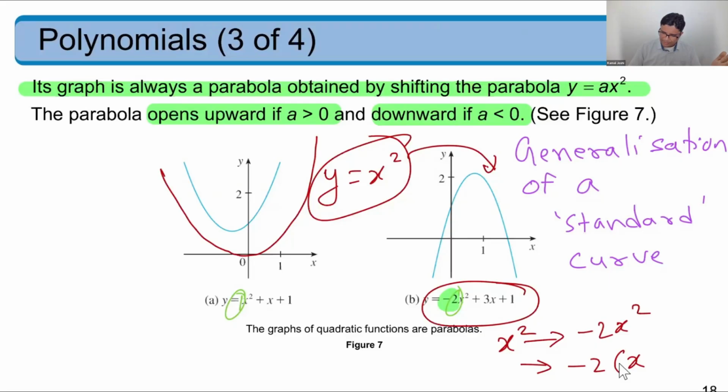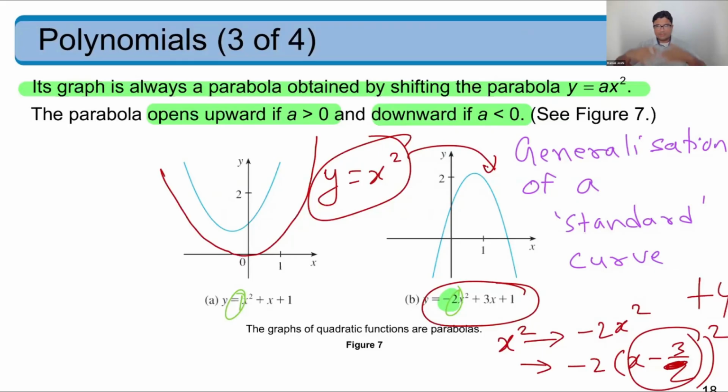Maybe you might make it x minus 3 over 2, let's say, squared, something like that. It may not be exactly what is done in this example here. Then you are modifying this x, which is shifting horizontally. Then you might want to add something which will be shifting vertically, all of that.